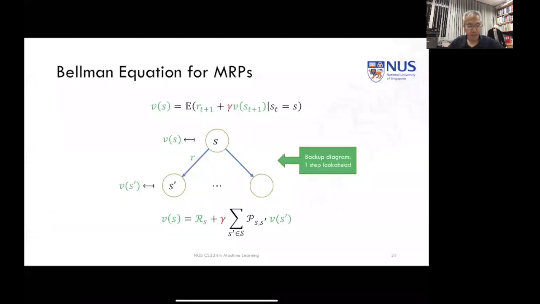So now we'd like to be able to take this and formalize it into some type of recursive equation, and that's going to be our Bellman equation for MRPs, or Markov reward processes, right? So we have this state value function, which is dependent on the state. And we're going to say it's going to be equal to the expectation of all of the traces that we can get, all the samples we can get, where we start from a state at time t of being in a particular state S, okay?